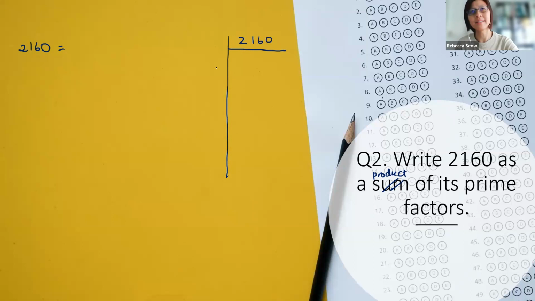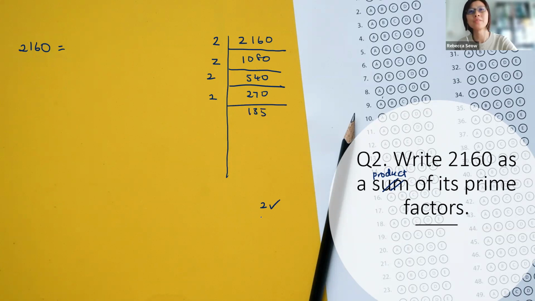So you have guessed it that the first prime factor to divide this by would be 2. So 2160 divided by 2, I would get 1080. Moving on, divide by 2 again. 540. Divide by 2 again. 270. Divide by 2 again. 135. We're done with prime factor of 2.